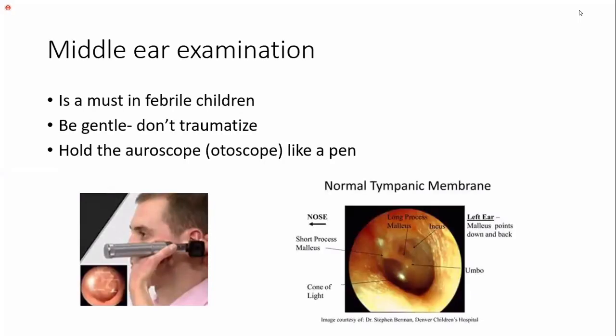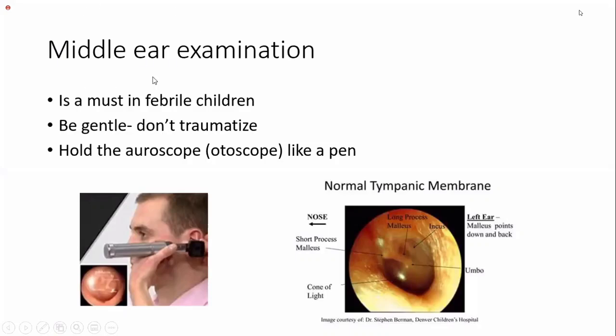Right. So after that, you have to look inside the ear, what you call otoscopic examination. In children, especially those who have fever, you should examine the throat and the ears, because those two are among the common causes of fever in children: pharyngitis and middle ear infection.